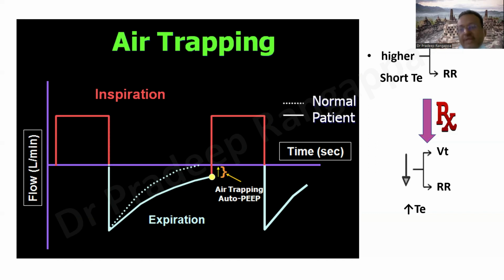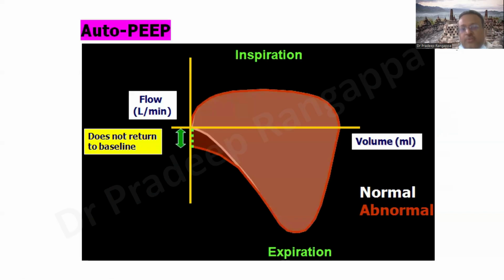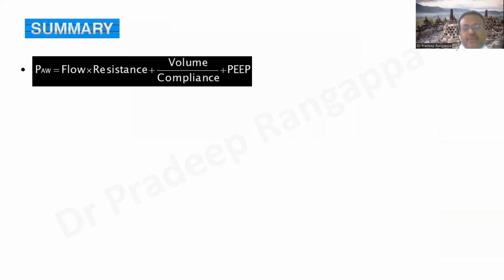We need to provide more time for this carbon dioxide to come out to prevent this dynamic hyperinflation. And this is the flow volume loop where you see during expiration, it is not touching the baseline, which is the auto PEEP.